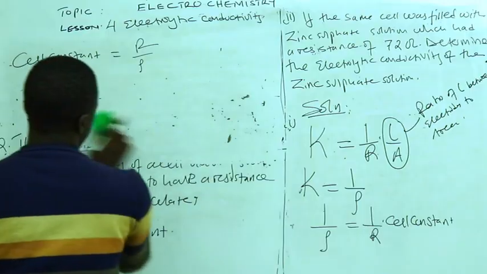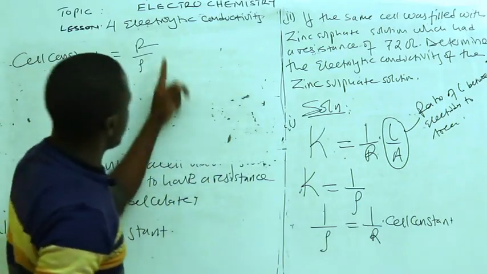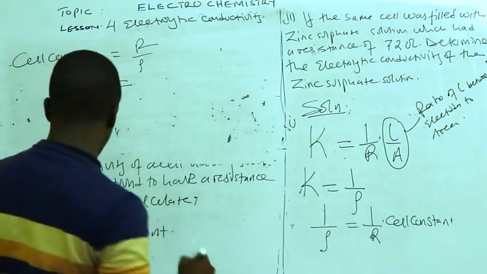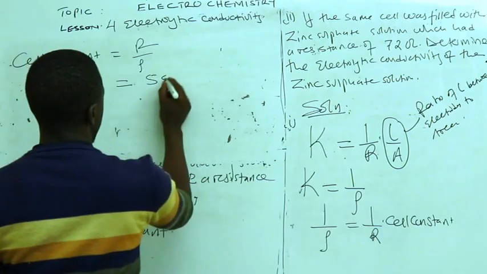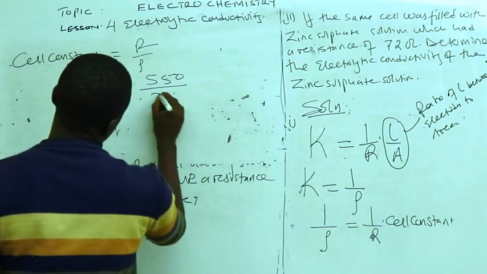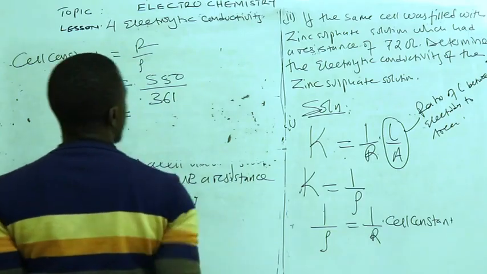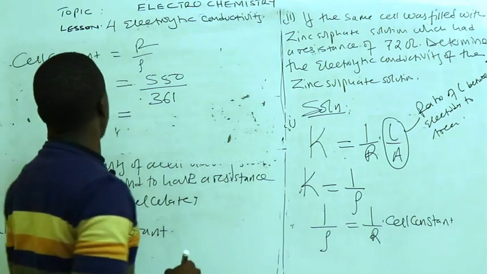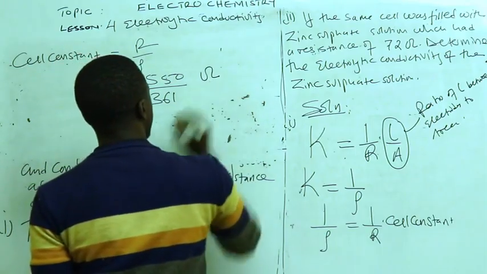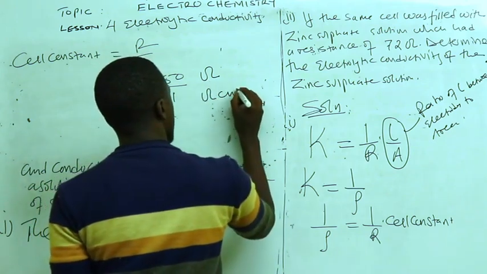And then we substitute. The resistance was given to us as 550, and the resistivity was given to us as 361. For purposes of the units, you can see that this was ohm, but this one is ohm centimeter.